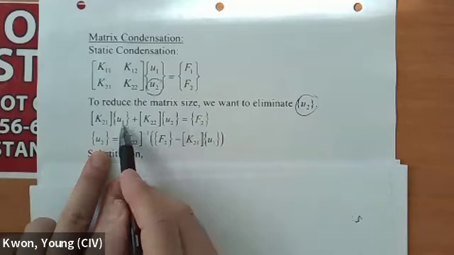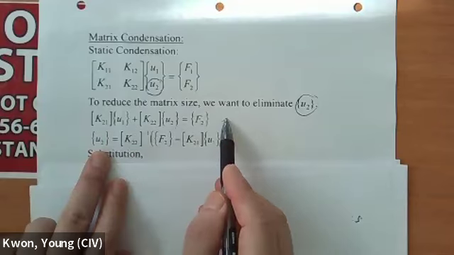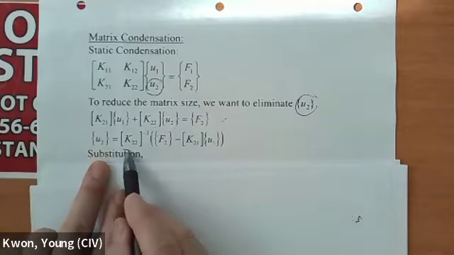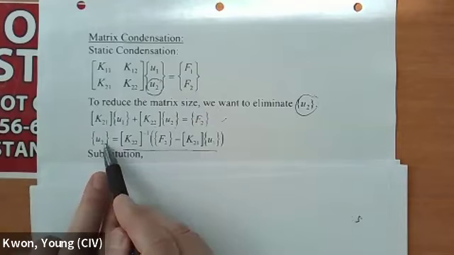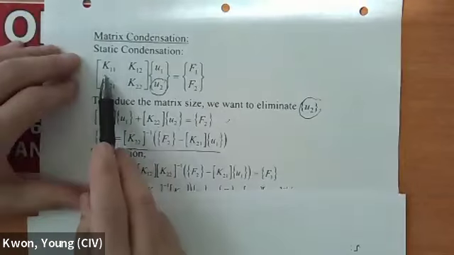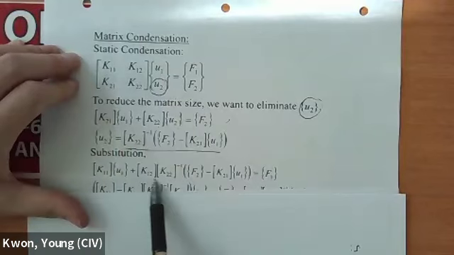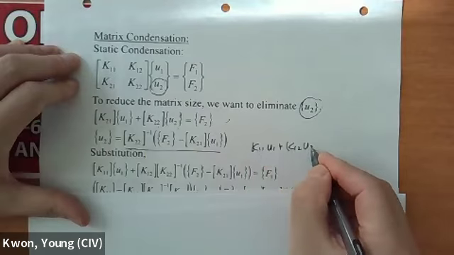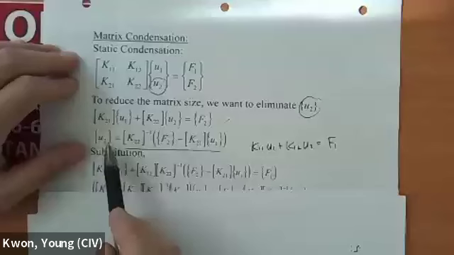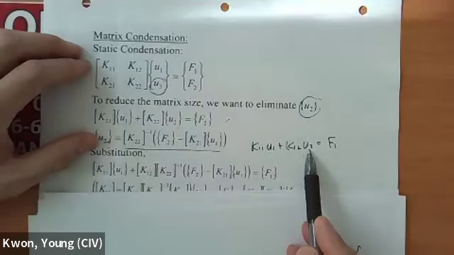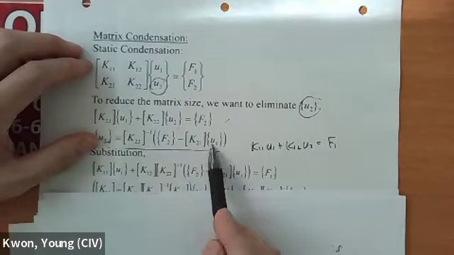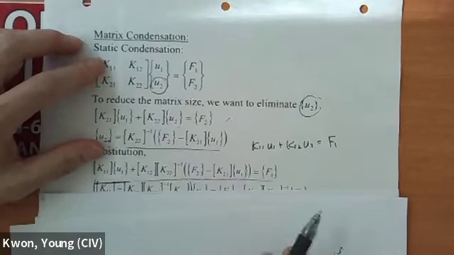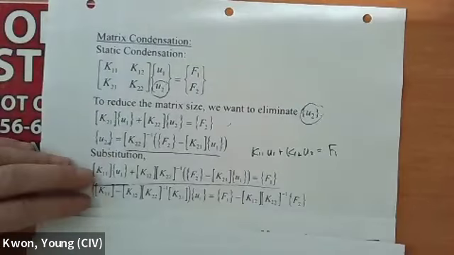You put the U1 term on the other side and pre-multiply by the inverse of the K22 matrix, and you get U2 shown here. The first equation is K11 U1 plus K12 U2 equals F1. Now you substitute U2 into here, and that gives this expression.